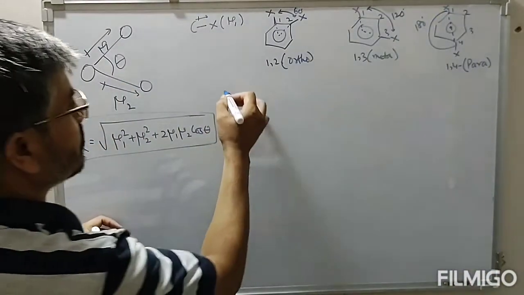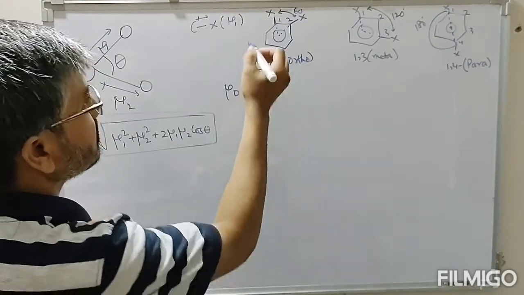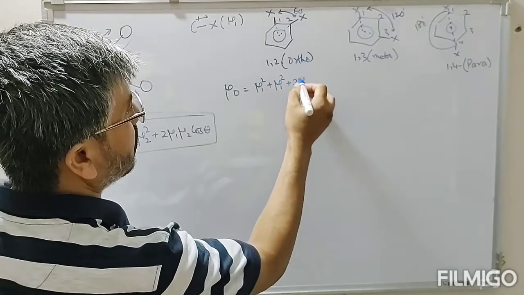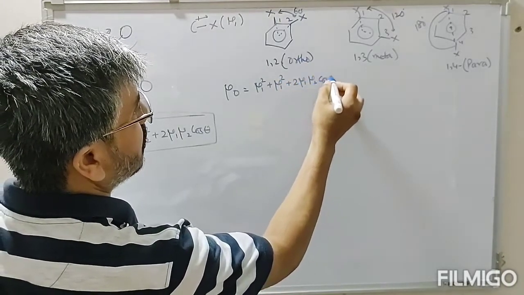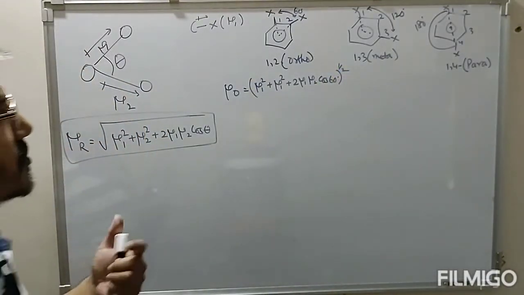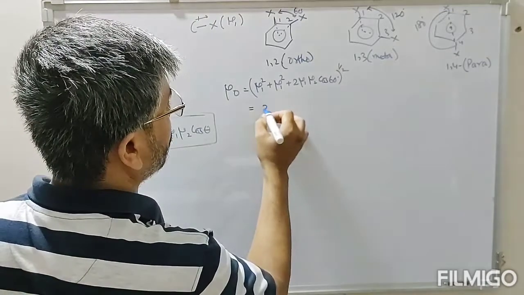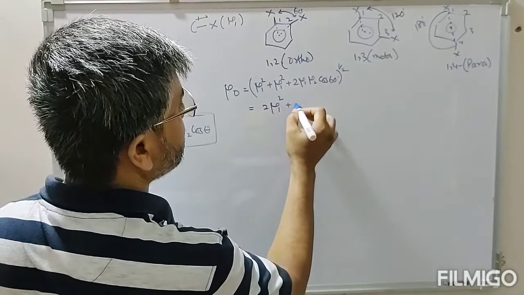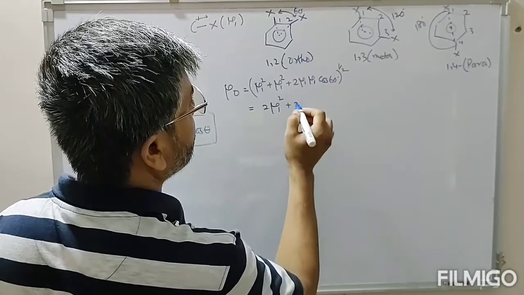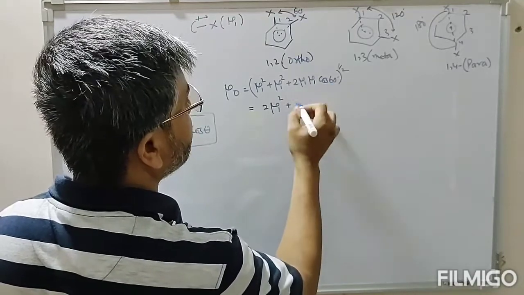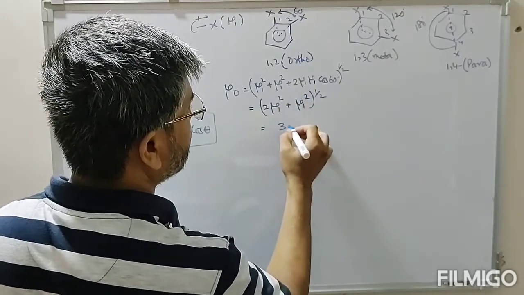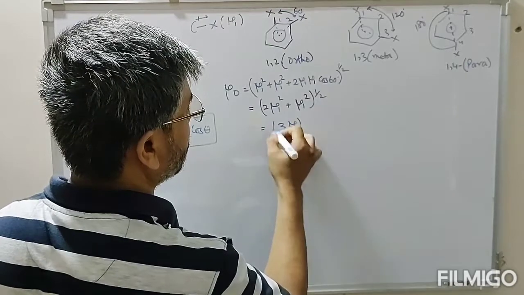Therefore the resultant for ortho is under root mu1 square plus mu1 square plus 2 mu1 square cos 60. Cos 60 is half. So it is 2 mu1 square plus mu1 square, so this is root 3 mu.